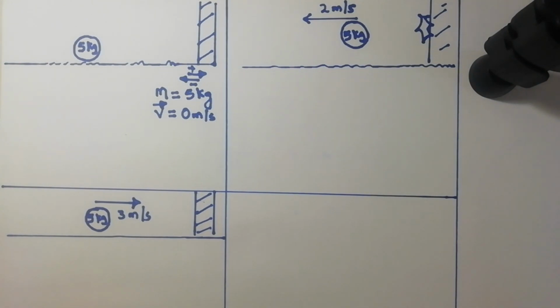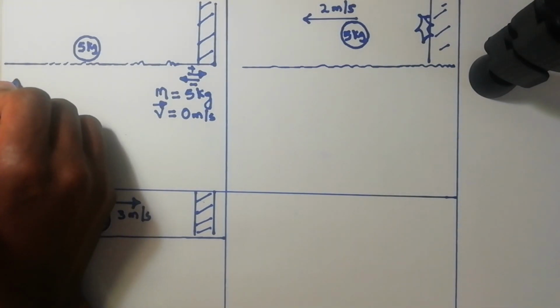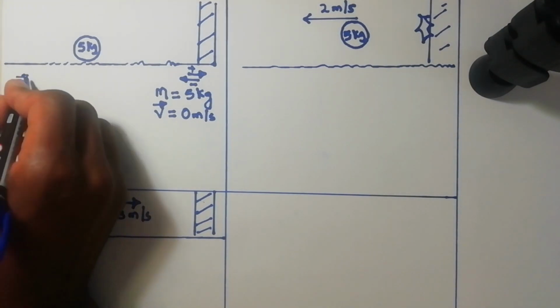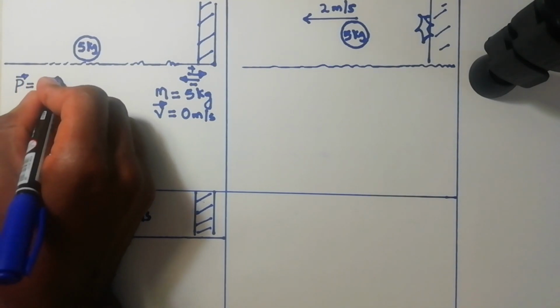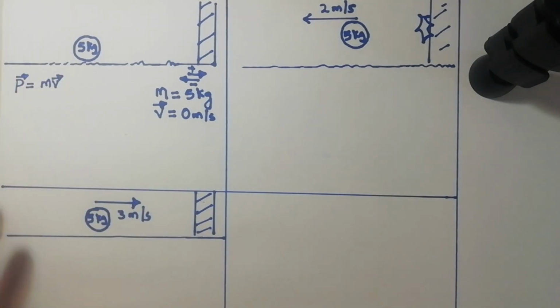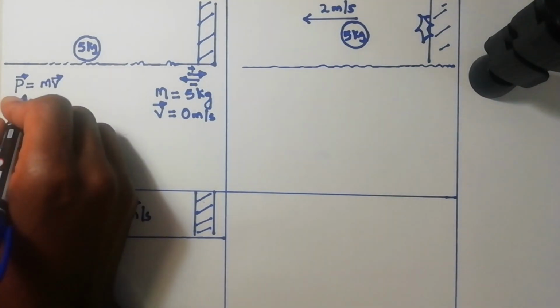Since we are calculating the momentum of this ball, step number 3, we state the formula for calculating the momentum. Momentum equals the mass of an object multiplied by the velocity of that object. Then we substitute our values.